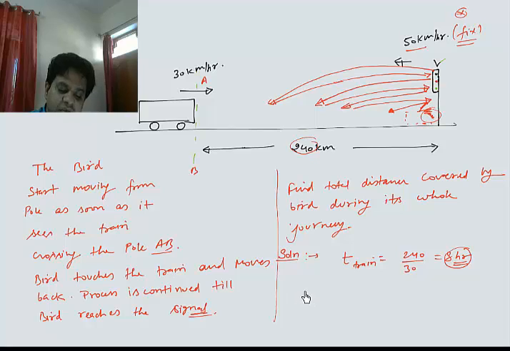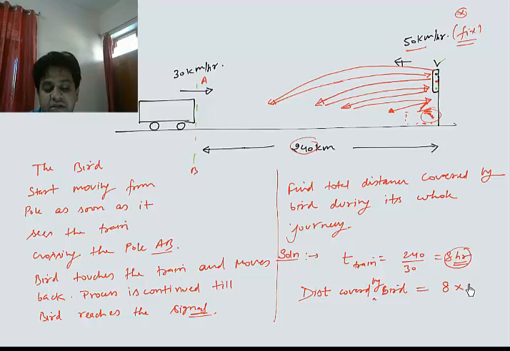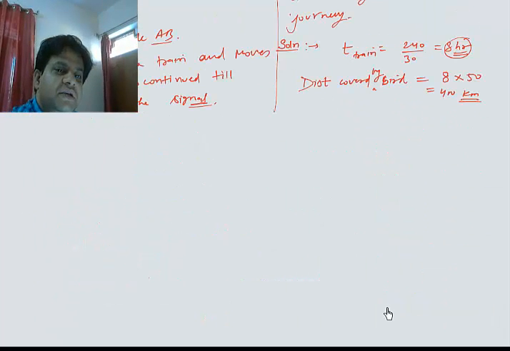So in those 8 hours, the distance covered by the bird will be simply 8 hours is the time duration and 50 is the speed. So the total distance covered by the bird is 400 kilometers. So that way we can simply solve the question.